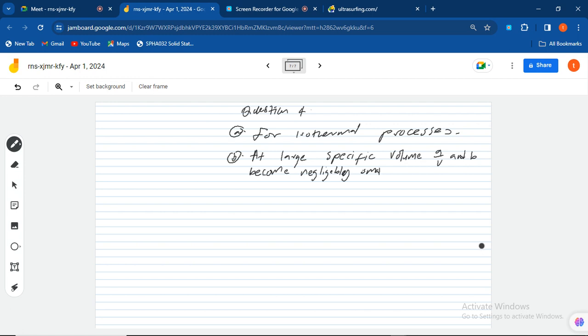They become small in a way that we can neglect them.